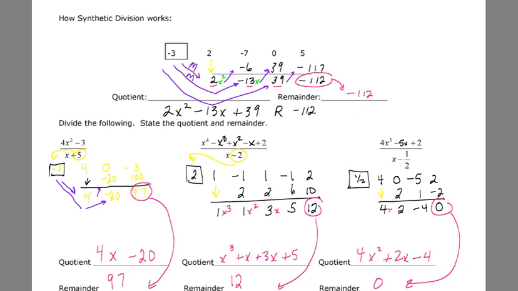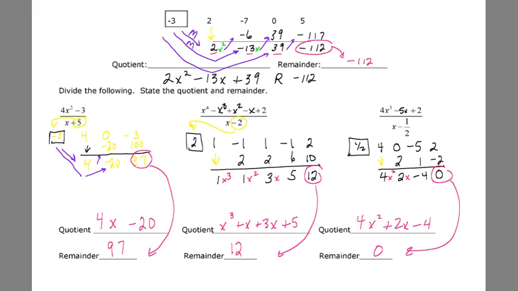4. Square, x, constant. Now in the book they may give you some answers, and even in the exercises when you're working in Course Compass, where they'll write the remainder. Instead of writing it like in this one as a 97, they might write the answer as a 4x minus 20 plus 97 over x plus 5.